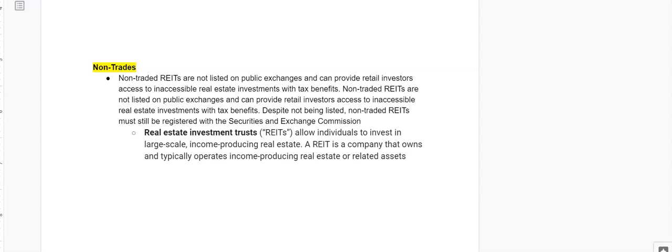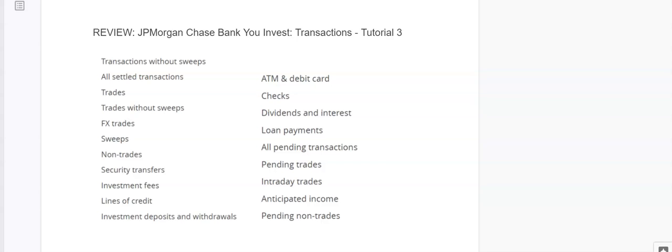And again, the REIT stands for Real Estate Investment Trust, which allows individuals to invest in large-scale income-producing real estate. A REIT is a company that owns and typically operates income-producing real estate or related assets. And so those are the different types of transactions you're able to view in the JPMorgan Chase Bank UInvest Transactions tab.